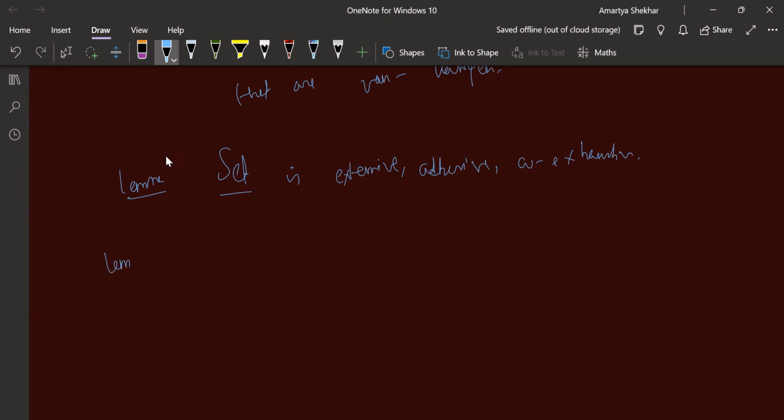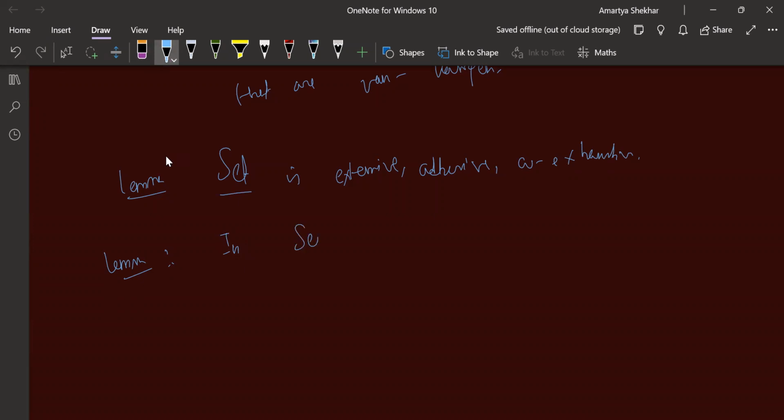So another important lemma. I won't spend a lot of time giving proofs of all the things. I'll just state this, and in some cases maybe give a sketch, and in some cases I'll give a proof.